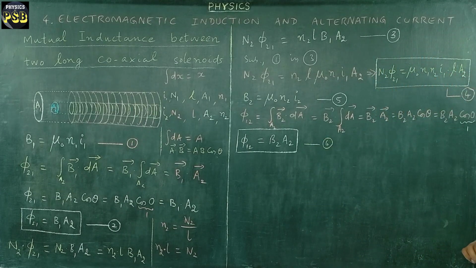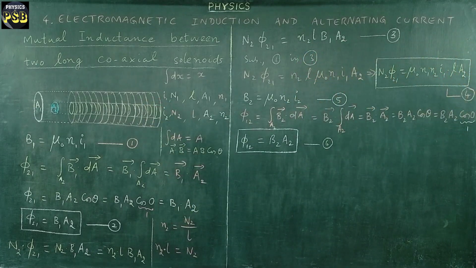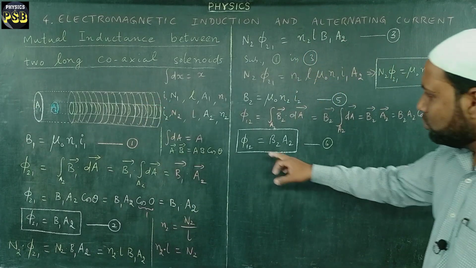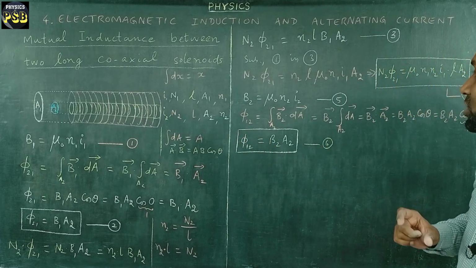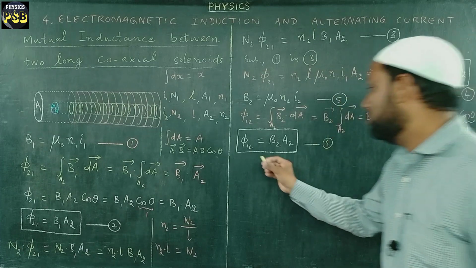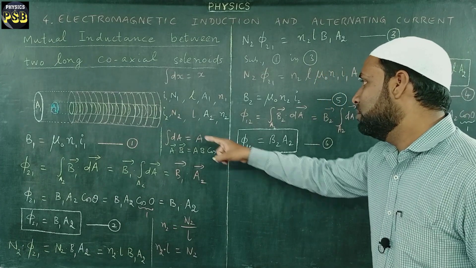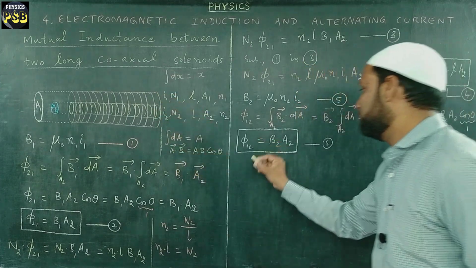Now I am going to find out the total magnetic flux linked with solenoid 1. For that I am going to multiply equation 6 with the number of turns present in solenoid 1. The number of turns present in solenoid 1 is capital N1.